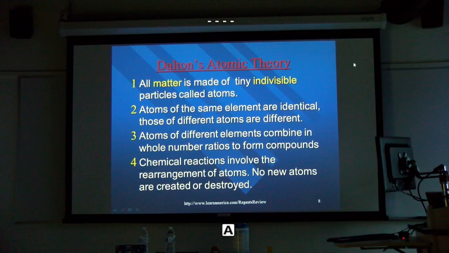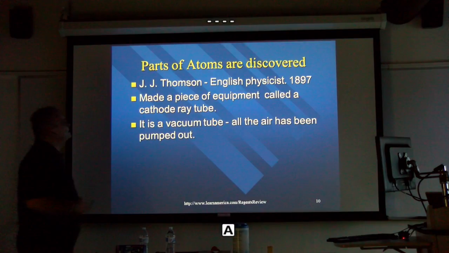It wasn't until around 1897, a famous scientist called J.J. Thomson was experimenting. Now, you have to understand that the ancient Greek philosophers, the reason why we didn't call them scientists, is because they didn't experiment.